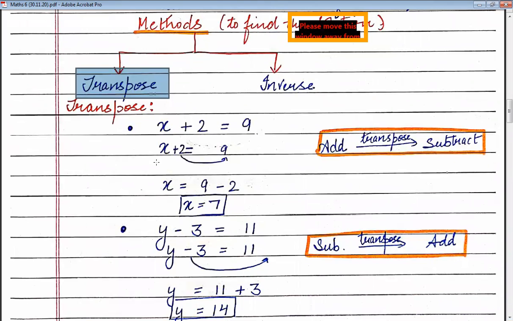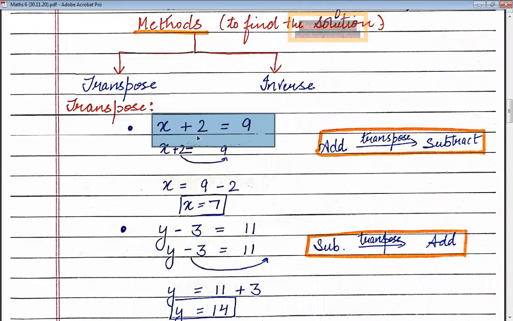Now in an equation, you have to get rid of the constant. So if a positive constant is on the left hand side, you will send it to the right hand side and it will become negative. So the positive constant will go and become negative and you will subtract.